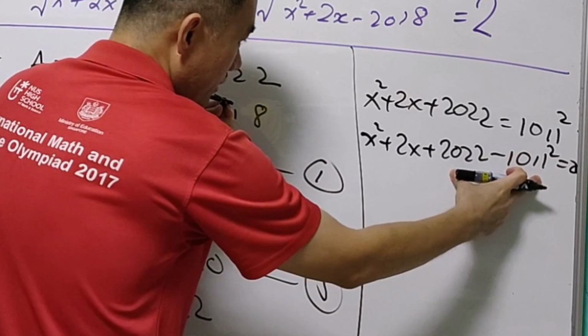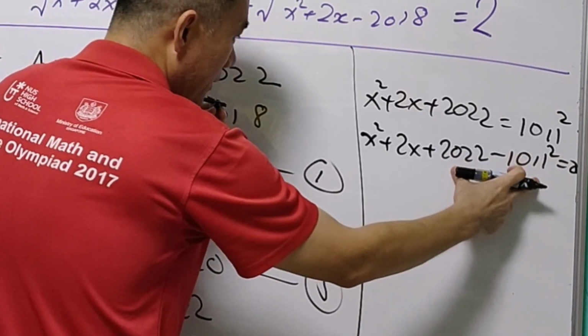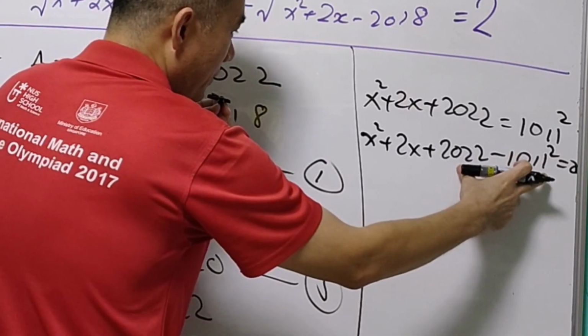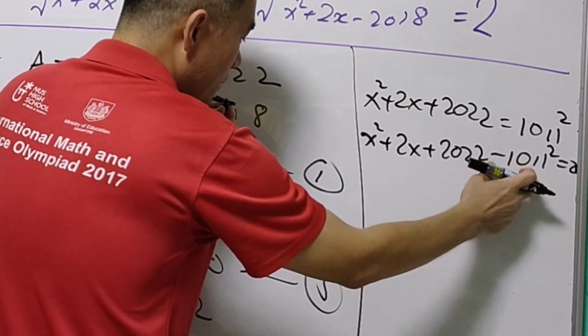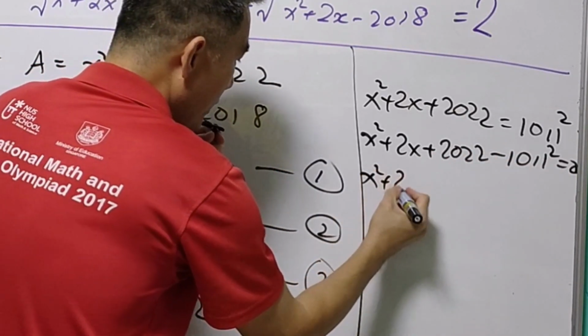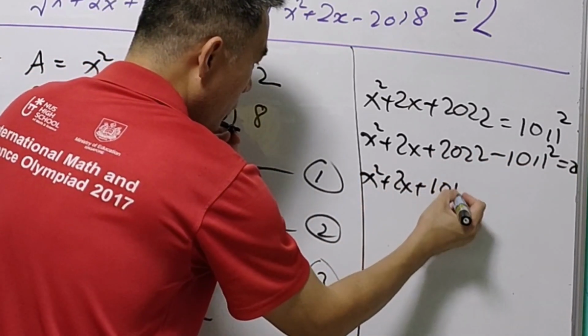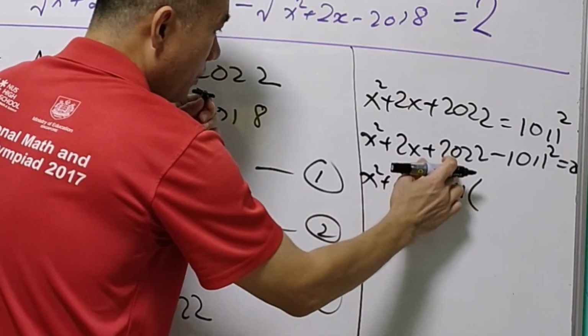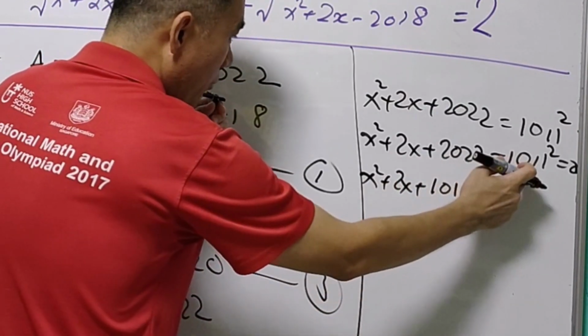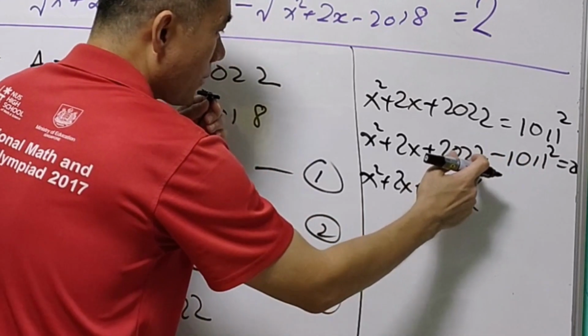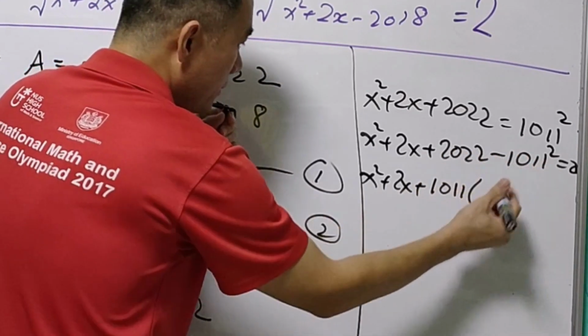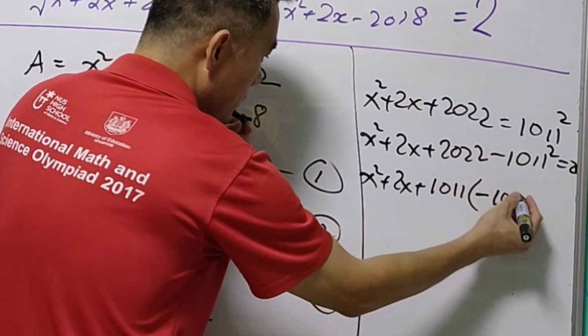There is a common factor of these two numbers, that is 1011. We may factorize it out, and we will have x squared plus 2x plus 1011 times 2 minus 1011. 2 minus 1011 is equal to negative 1009.